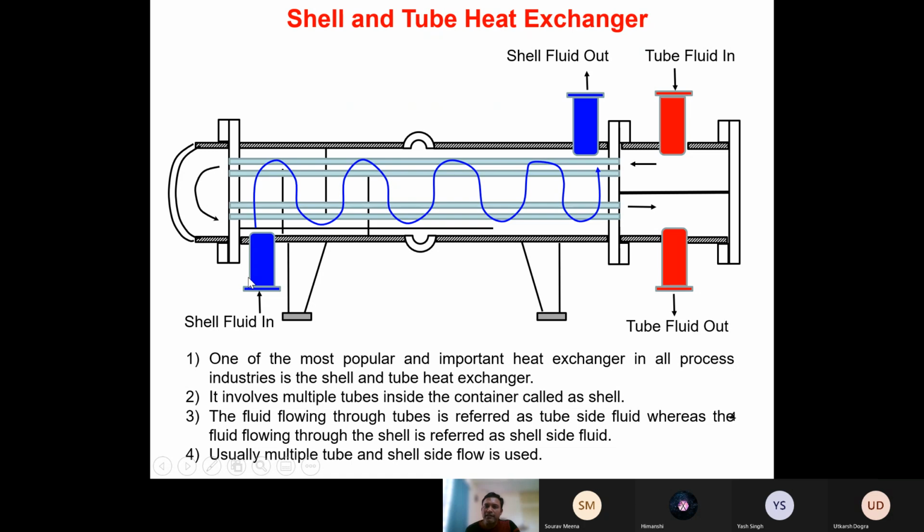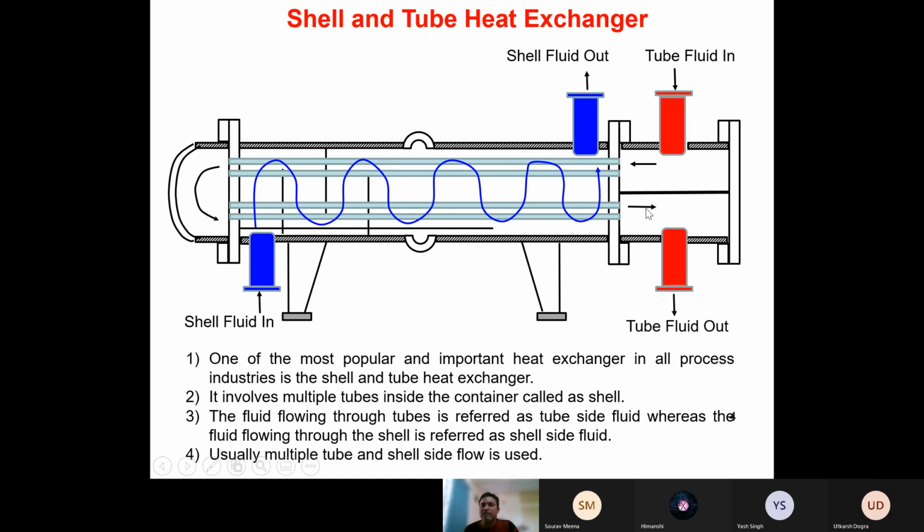Here you can see that this is a 1-2 pass shell and tube heat exchanger, where the shell side fluid is passing through the heat exchanger only once. That's why it is called one shell side pass. Whereas in the tube side pass, you can see that the fluid is flowing through these tubes and then again changing the direction and coming back through these other two tubes. So there are two tube side passes.